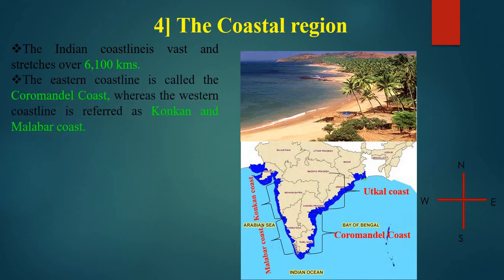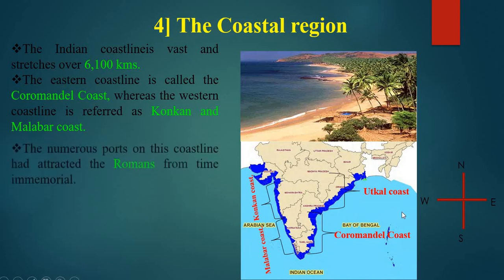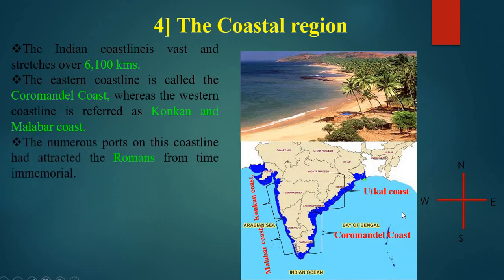The eastern coastline is called the Coromandel coast, whereas the western coastline is called the Konkan and Malabar coast. The numerous ports on this coastline attracted the Romans from time to time, because shipping was very important and popular here.